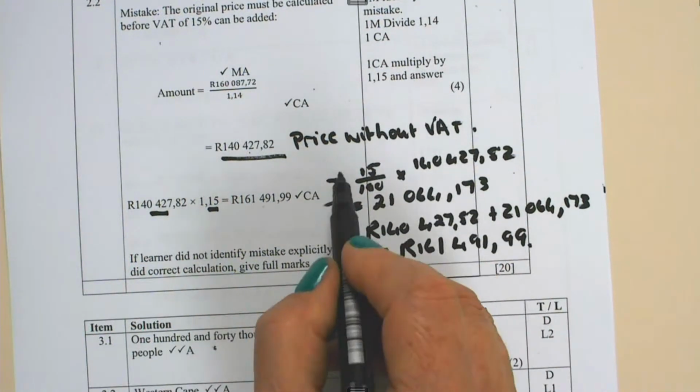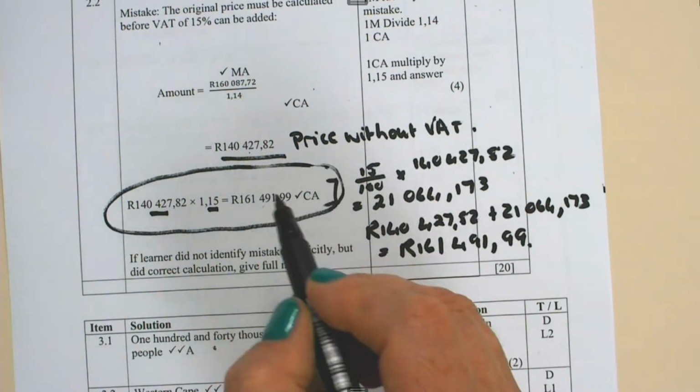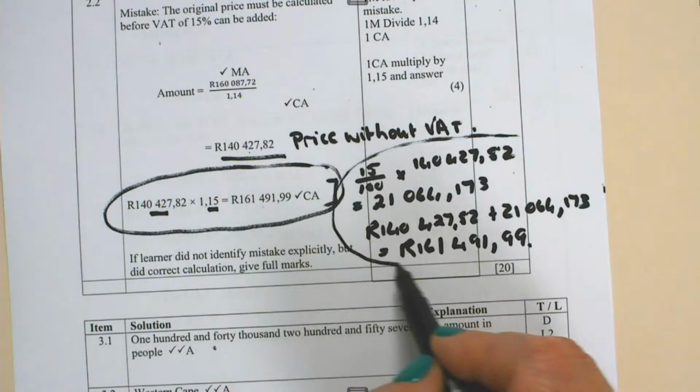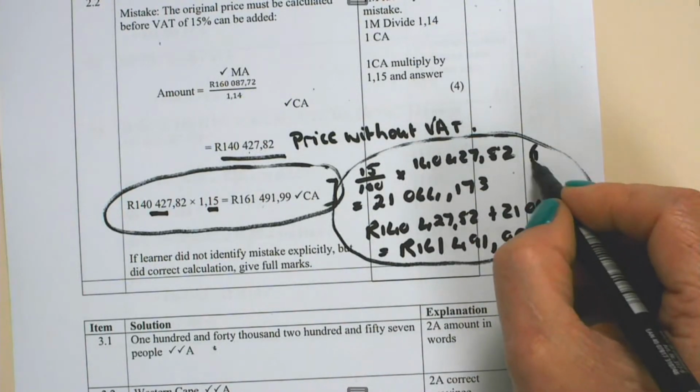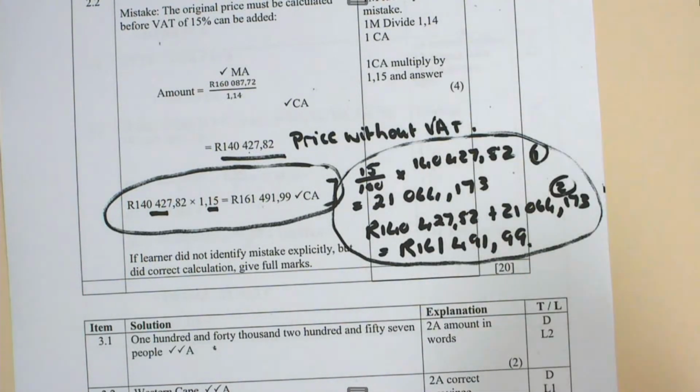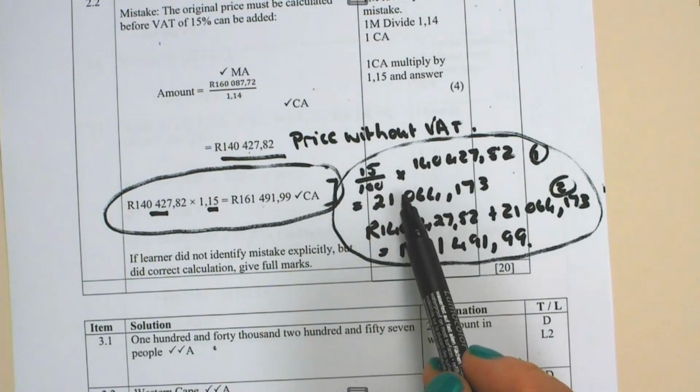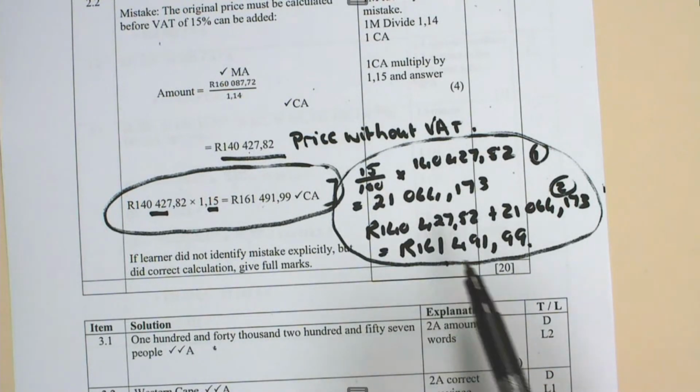So instead of doing it in 1 step, you can do it in 2 steps. Step 1 and step 2. You can first work out the VAT and then you can add the VAT.